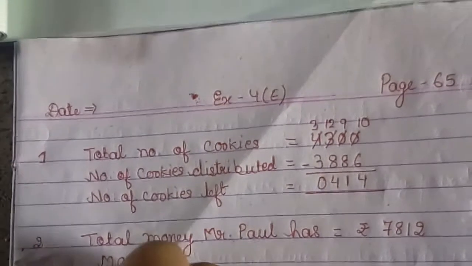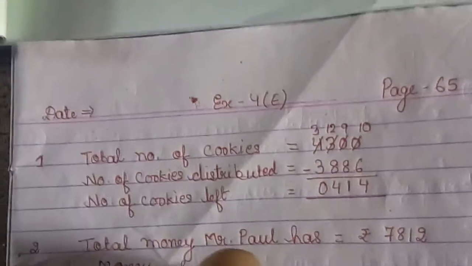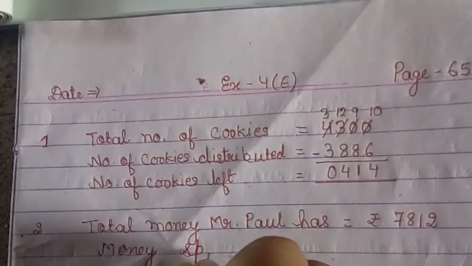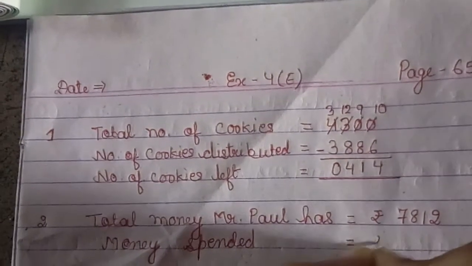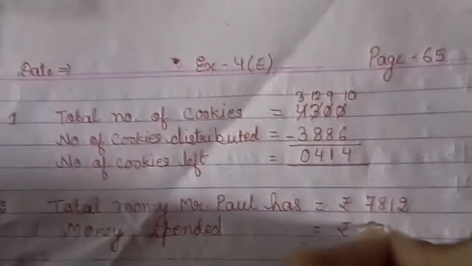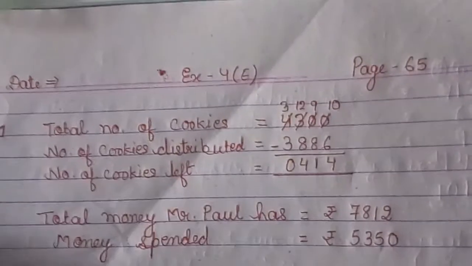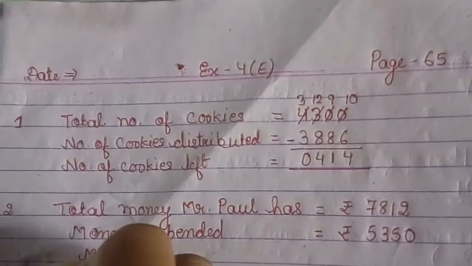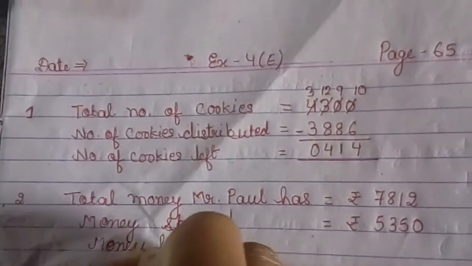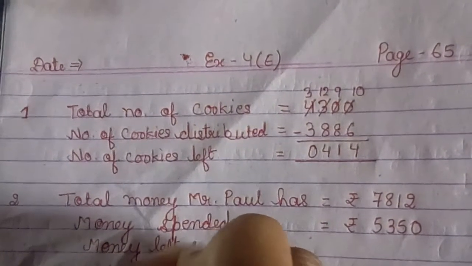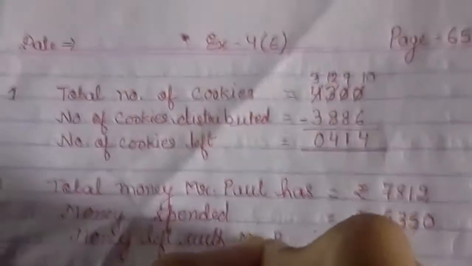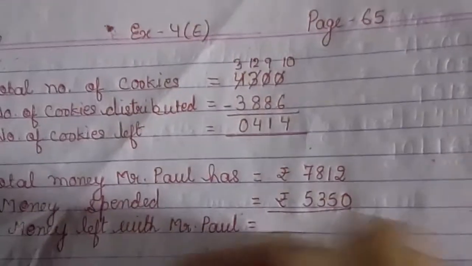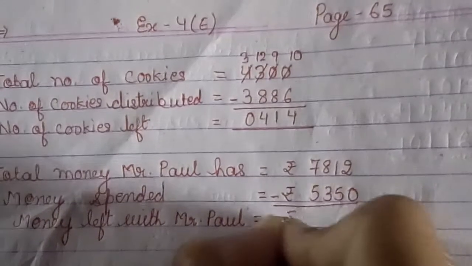Now money spent is equal to rupees 5,350. Now money left. So money left with Mr. Paul. So we have to subtract it. How much money is left?